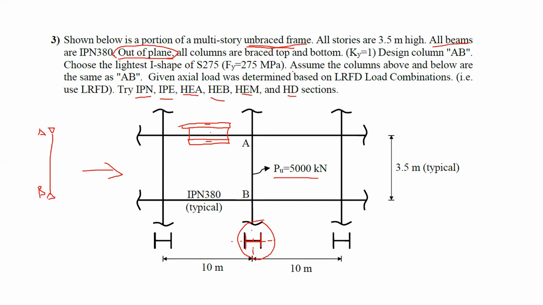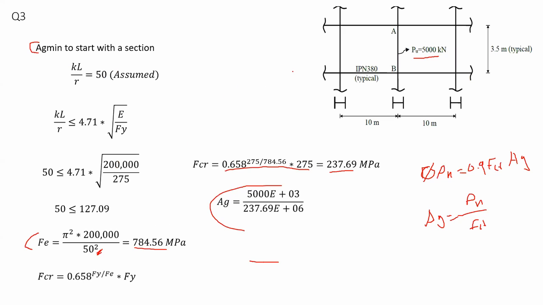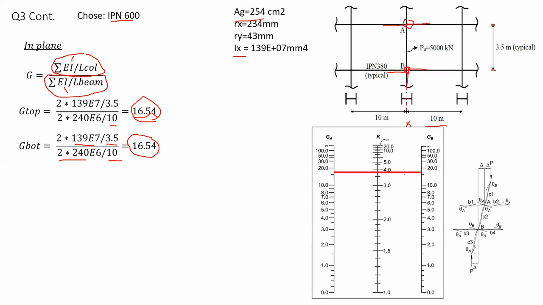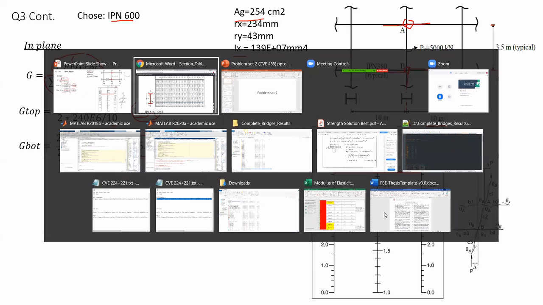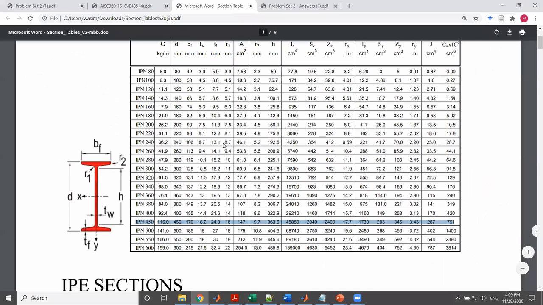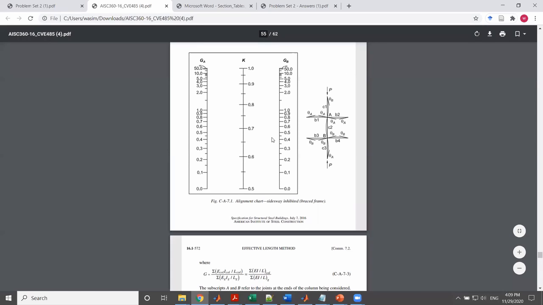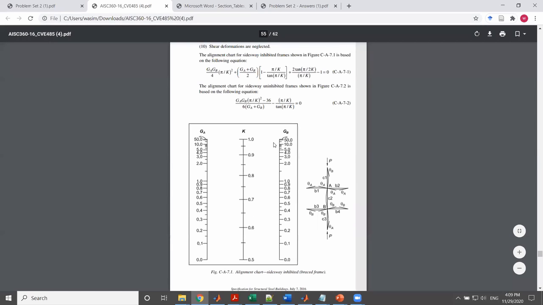Now in this case, if I go to AISC, I can find my K value from one of the graphs. So where do you find these graphs? We go to AISC and check. You have in here at pages 55 and 56 2 figures.